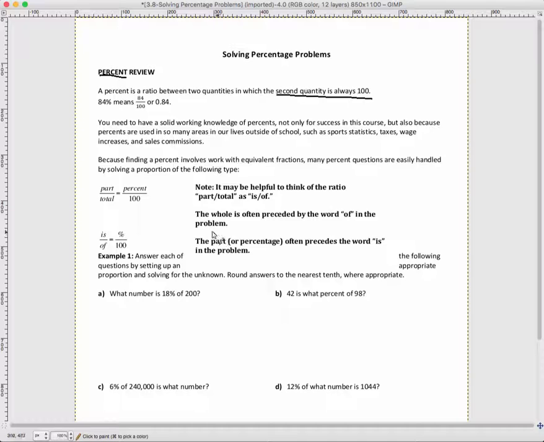Now, another clue that you might see is the word "is." Whatever comes after it is usually the part piece. So you would hear something like, what is 60%? You would say that would be the part.